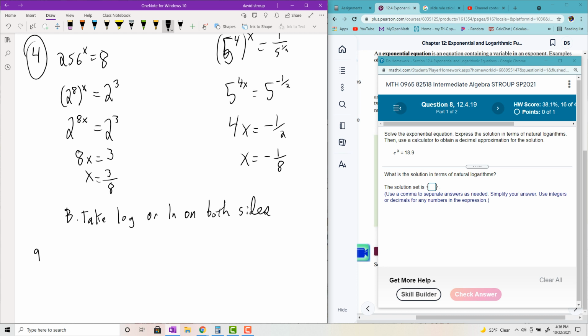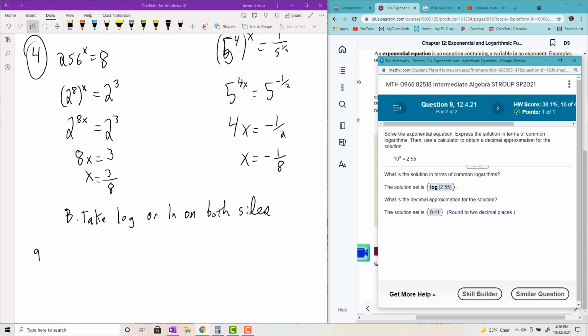The first one I want to look at is actually number 9, unless I deleted it. Okay, so number 9, I have 10 to the x equals 2.55. Because the base here is 10, I'm going to use the common log. And I just take log on both sides. So I have log 10 to the x equals log of 2.55.